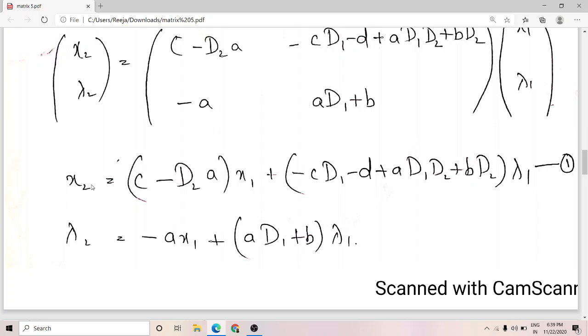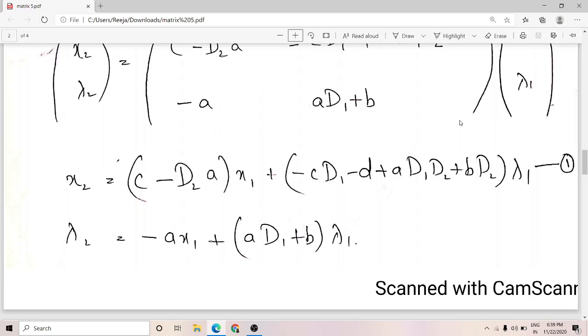So x2 is equal to minus c d1 minus d, these whole things come. X2 is equal to this long term into lambda 1. But if x2 is also equal to 0, then either this or lambda 1 must be 0.